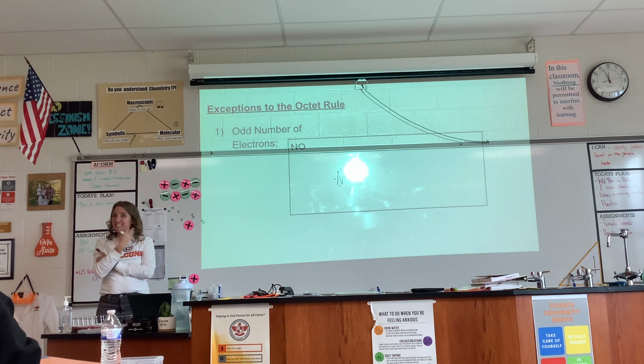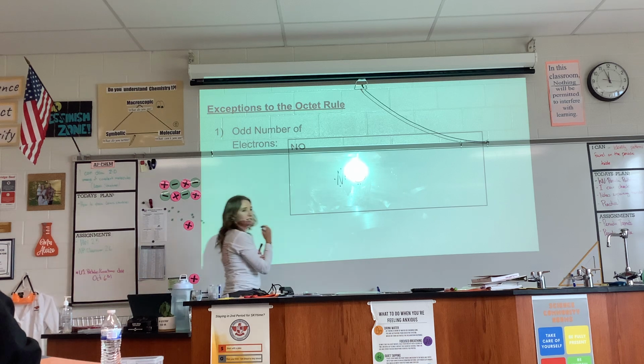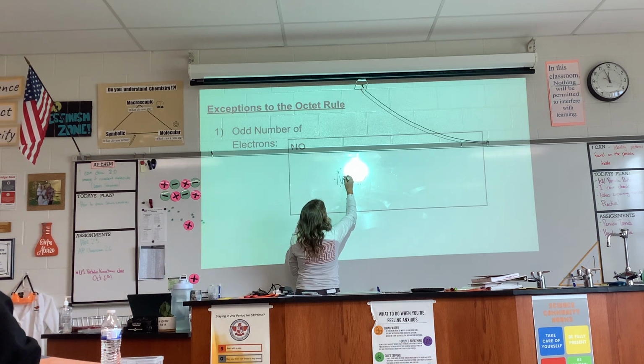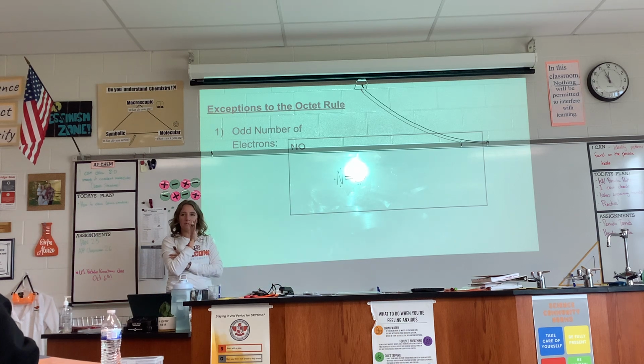Nitrogen would be the center, so let's focus on filling up oxygen first. How many more does oxygen need? 2. Okay, so that's all it needs. We're not going to bond anymore. But if I check nitrogen, does it have 8? Nope. And it just doesn't.